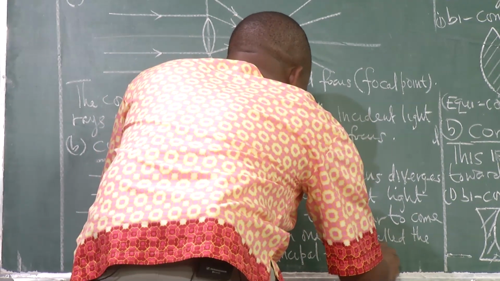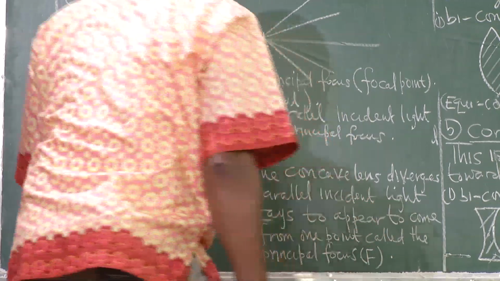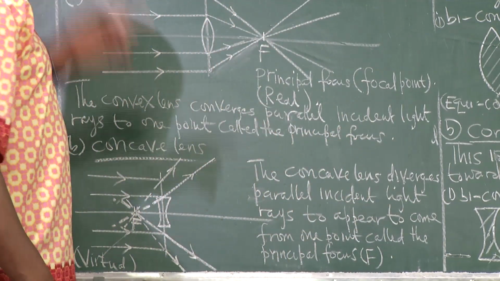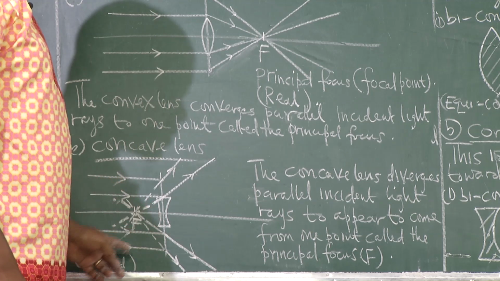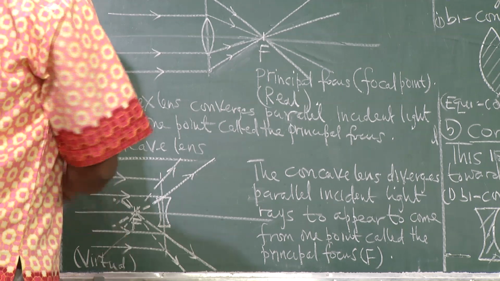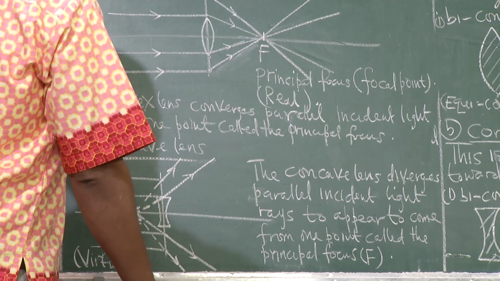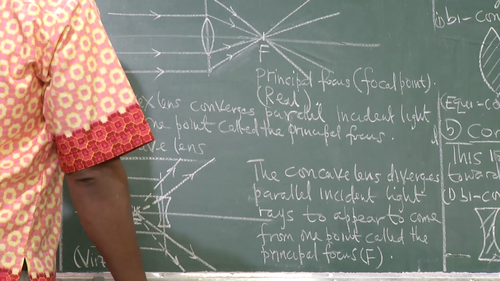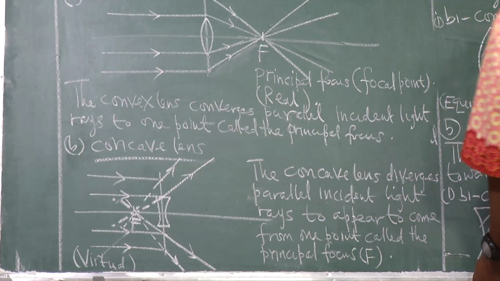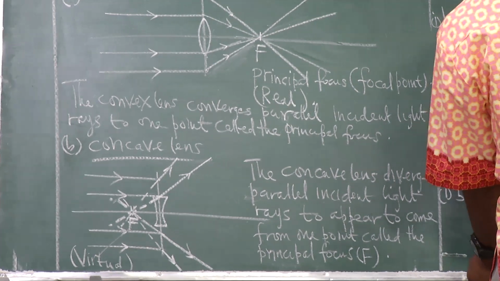And this point is F. However, we are saying that the principal focus of this type of lens is virtual, whereas the principal focus of the convex lens is real.